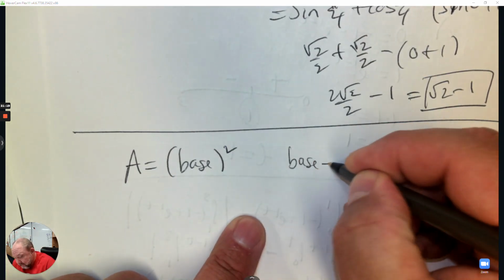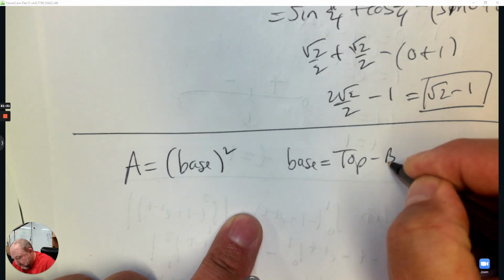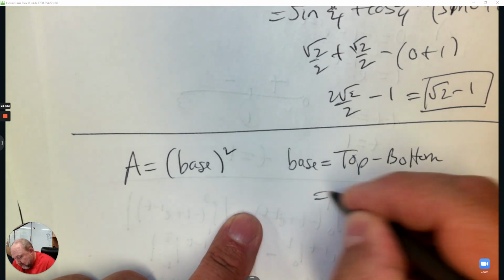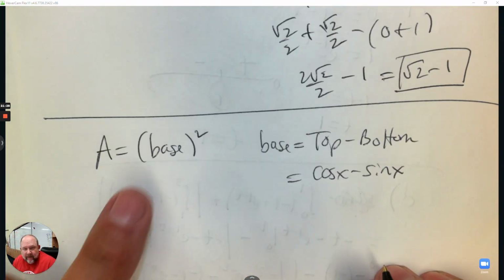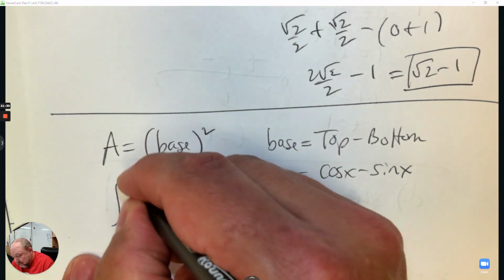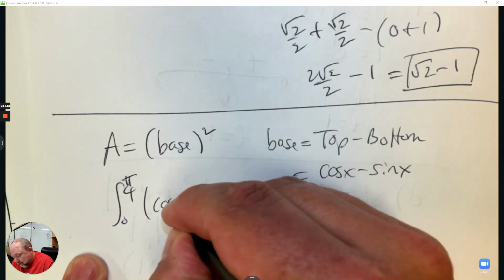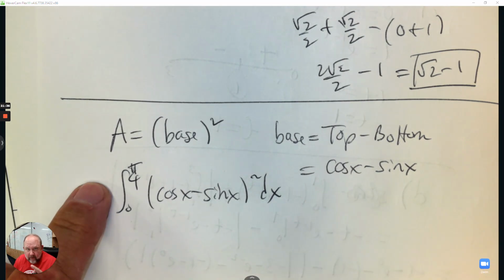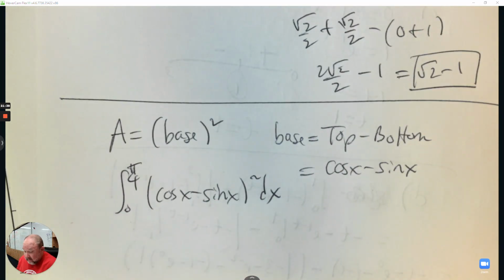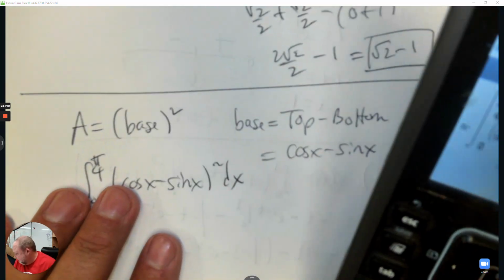The base of that is always top subtract bottom. So in our picture, top subtract bottom. And then we square it. So we're going to integrate from 0 to pi over 4, cosine minus sine, squared. No pi in front. We're not revolving and making a circle. And then use your calculator.